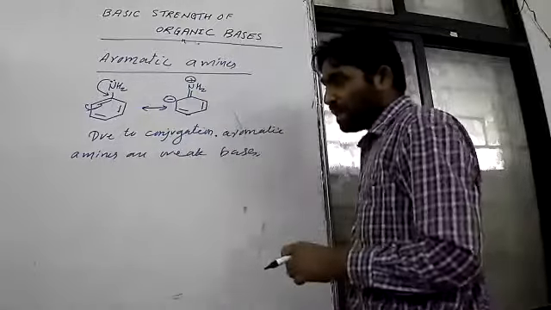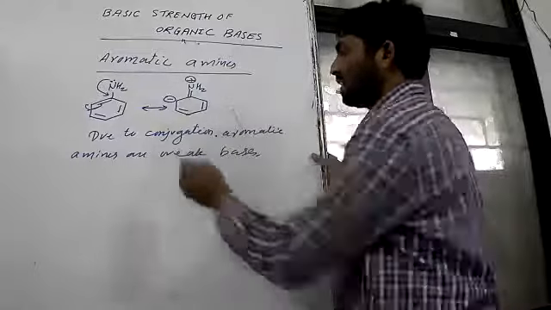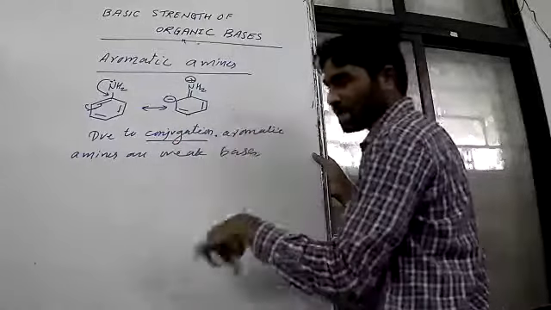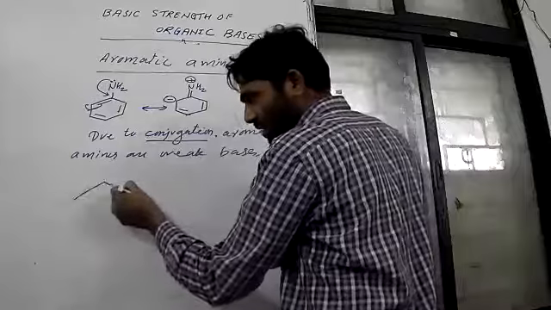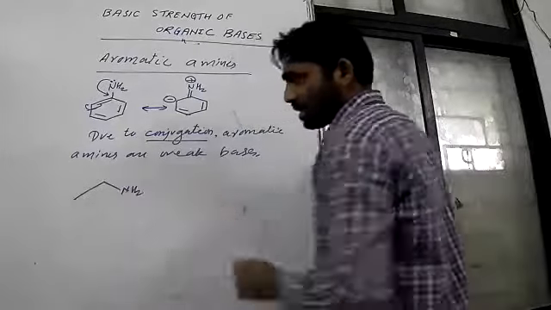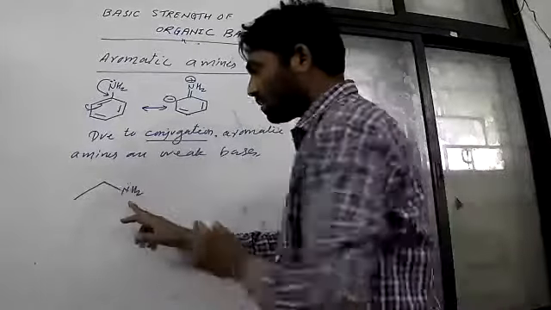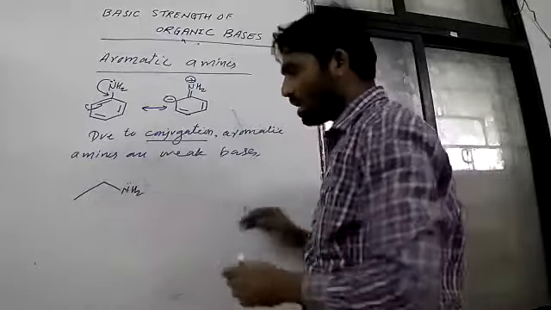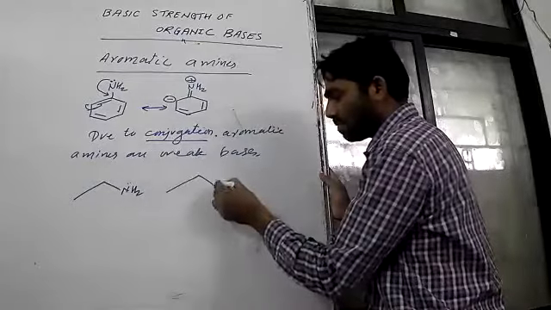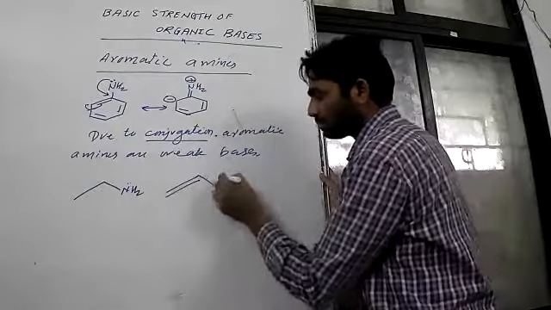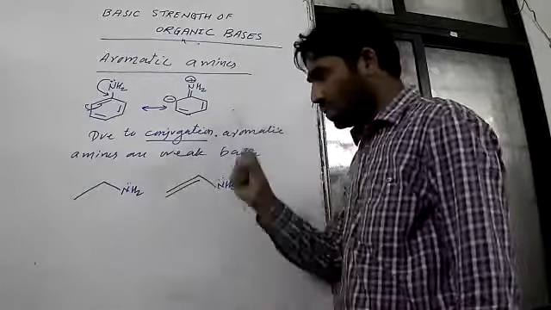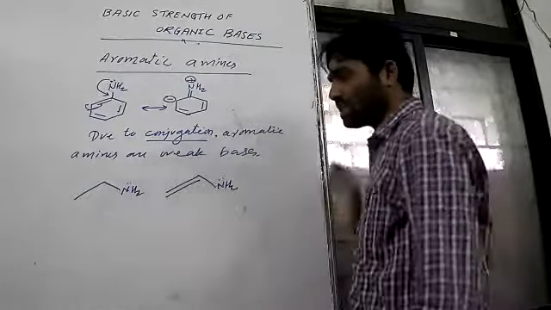And remember, this is not limited to aromatic compounds. If you take aliphatic ones also, suppose this is a primary amine, ethylamine, and suppose one more ethylamine, but with a double bond. Which is more basic?